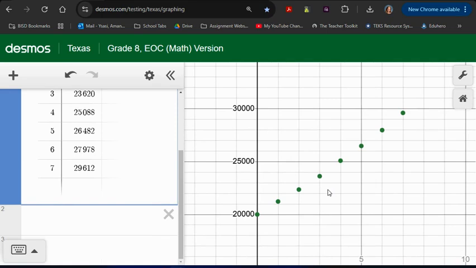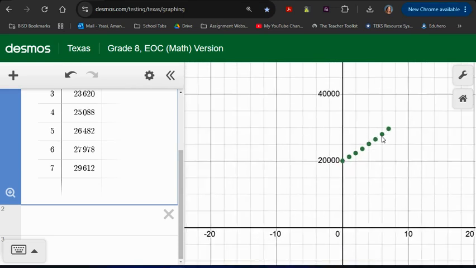So it almost looks like a straight line. That's going to be exponential. Did you do the magnifying glass? Oh, no. It almost looks like a straight line. It kind of does.